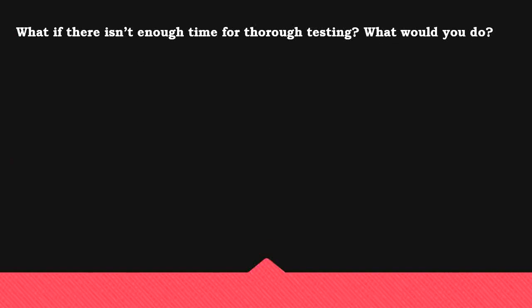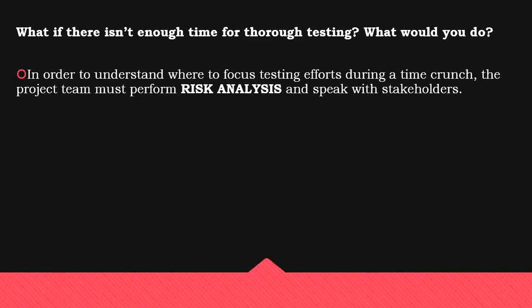What if there isn't enough time for thorough testing? What would you do? In order to understand this, we have to focus on the testing efforts during a time crunch. The project team must perform risk analysis and speak to the stakeholders.